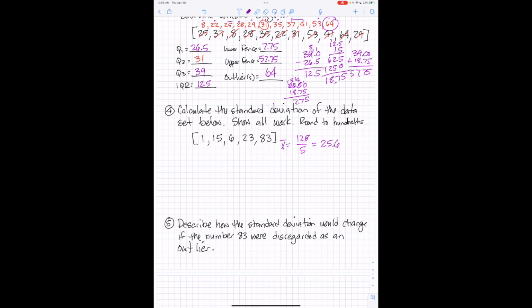Okay. To find the standard deviation, I take each term and subtract the mean from it, then square that, add them all up, divide by the number there are, then take the square root.